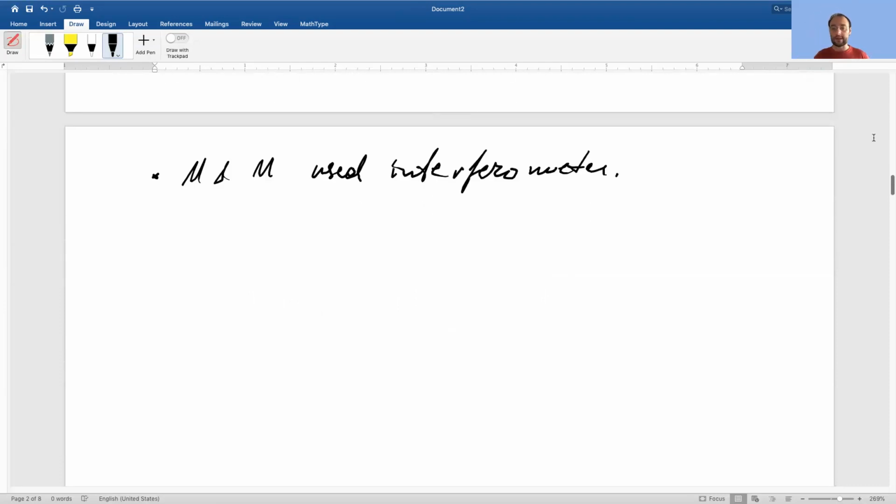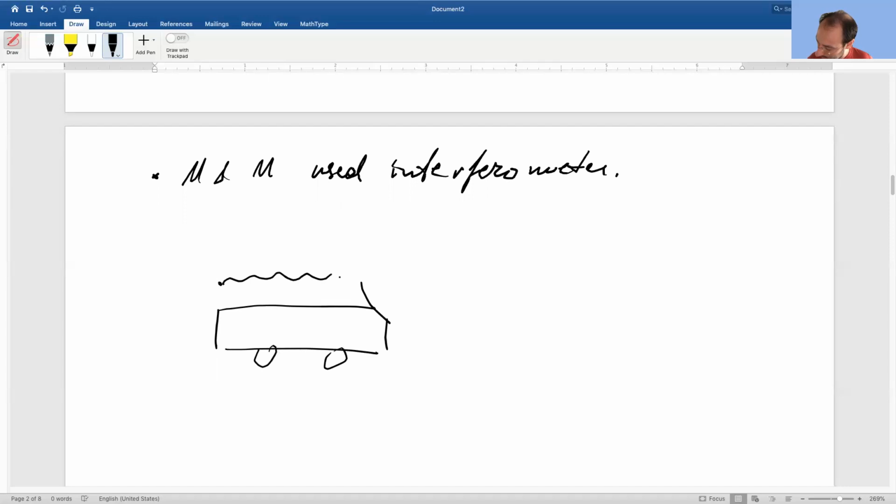Think of a convertible type experiment. Let's send a signal from one end of the car, reflected by a mirror, and receive this reflection. So here's our convertible car. It's getting simpler and simpler. I'm going to send a signal. This is a mirror.